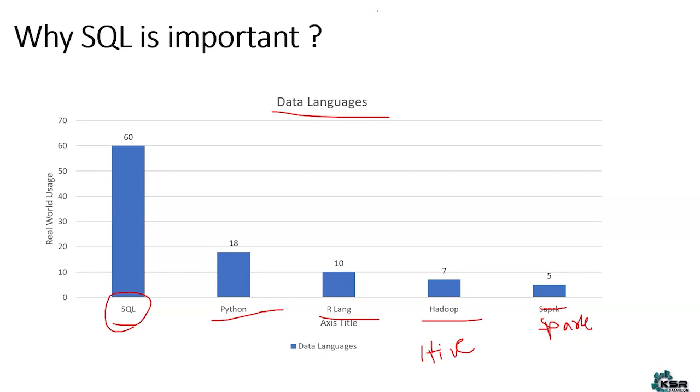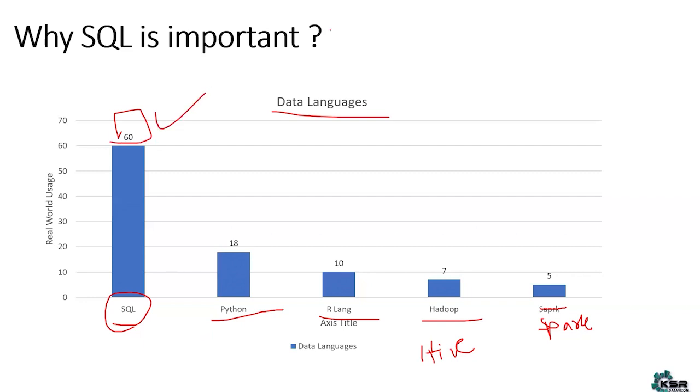Similarly, the database likes SQL because it is very easy to interact with SQL rather than Python, rather than R, rather than Spark or any other language. So that is the reason SQL is still the market leader.